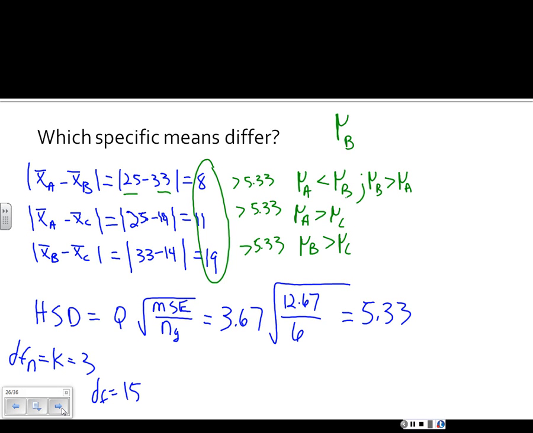Mu B greater than mu A greater than mu C. That just summarizes the stuff that you have there, and it's a little bit easier to interpret once you have it.